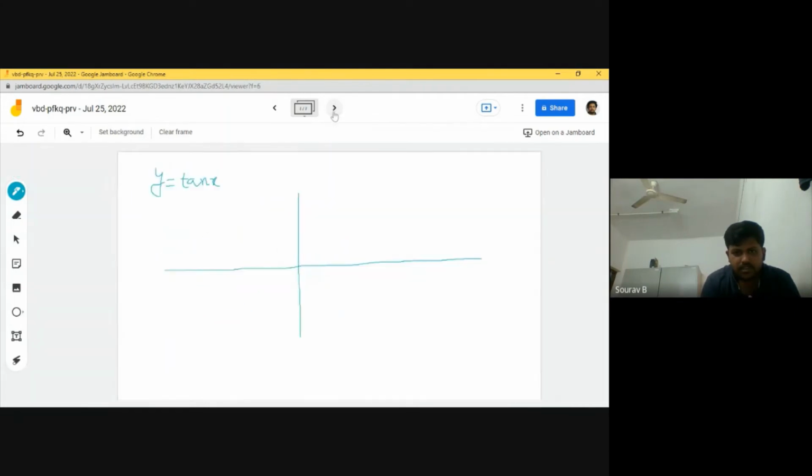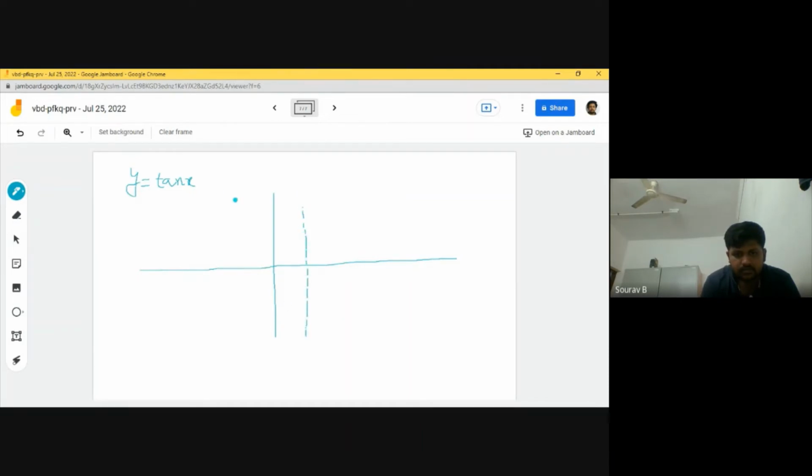But in case of tan x you will see that it will increase its value at minus pi by 2, and the value of y will be minus infinity. But at pi by 2 the value of y will be plus infinity.